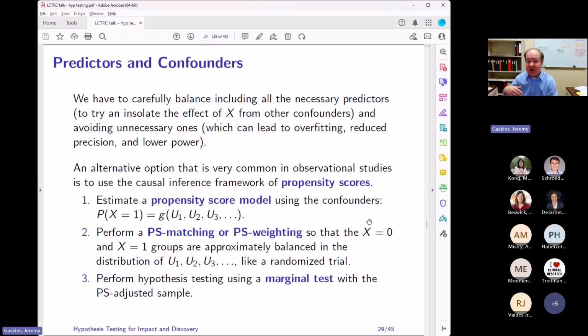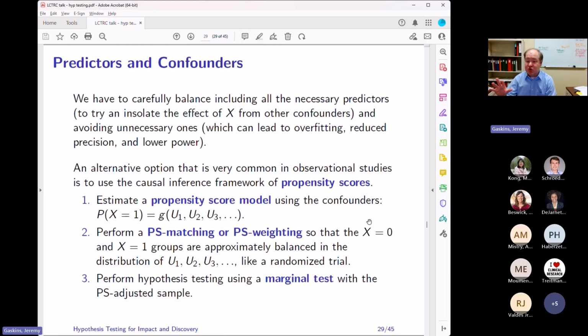Another thing to say here: as an alternative to fitting these regression models, a useful strategy is to use the causal inference framework and to use propensity scores. The way these work is that if I have a 2-treatment group setting, I'm going to estimate a propensity score model, which gives me a probability that patients receive the treatment based off of each of our predictors.